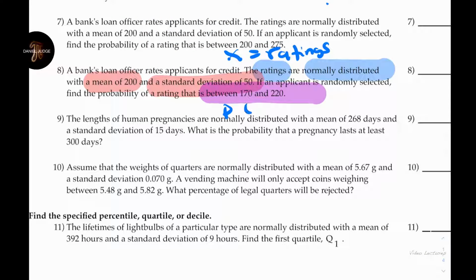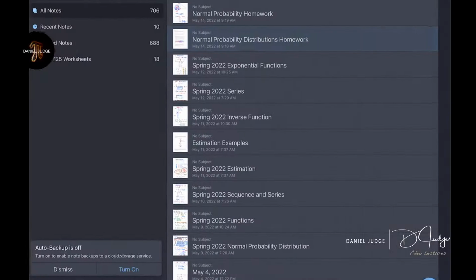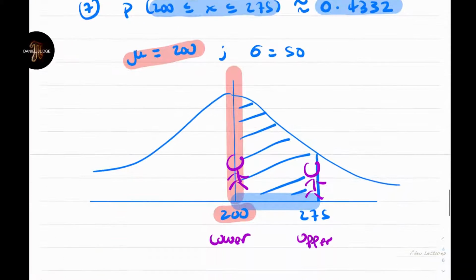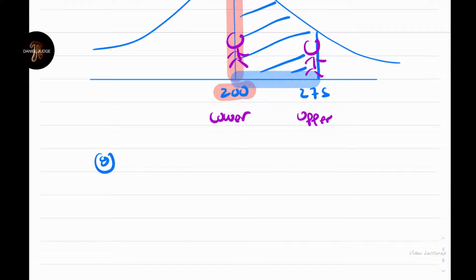Probability 170 less than or equal to X less than or equal to 220. So it's another probability question, but it's a different probability. All right. That's nice to know. So number 8 has similar information. I'll put it here.